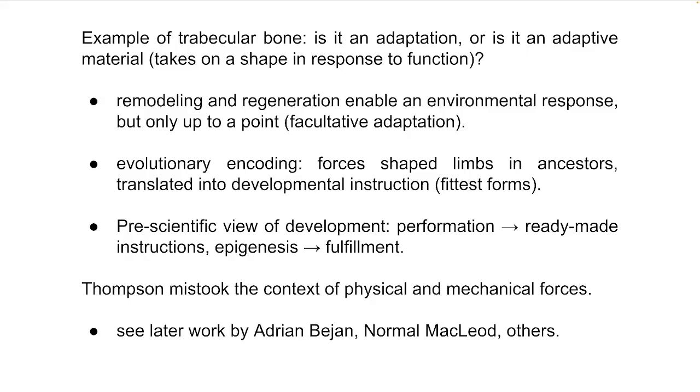So in other words, if I'm an organism that has very fast movements, or if I'm an organism that needs a lot of reinforcement in my body, I grow my trabecular bone in ways that are different from an organism that doesn't have those things. And you might say, well, that's obviously an adaptation to the environment.